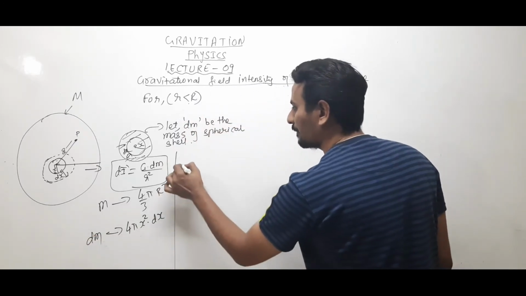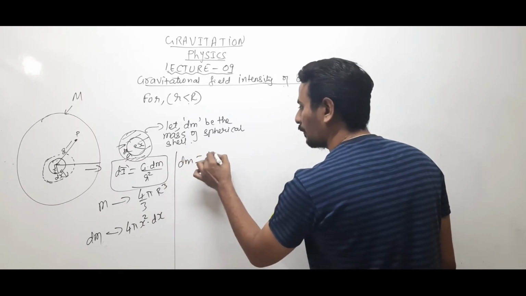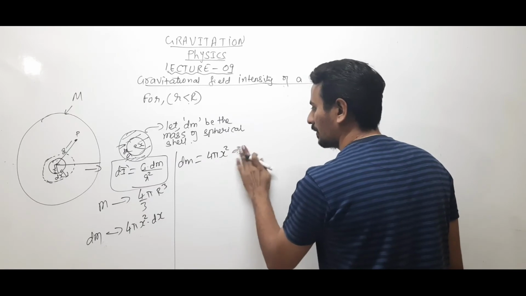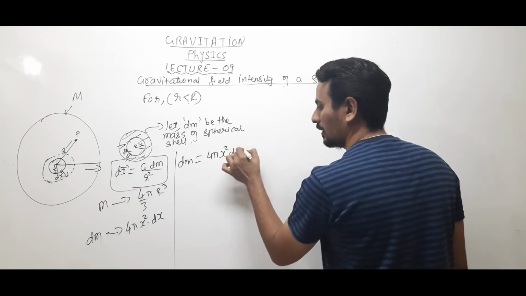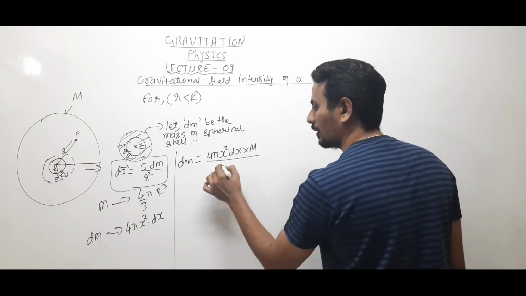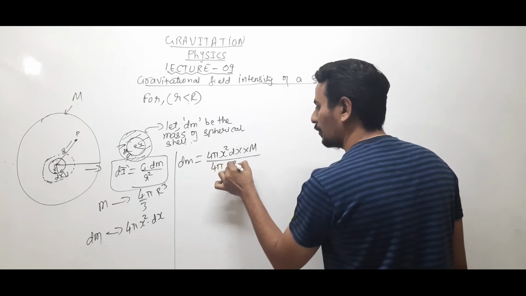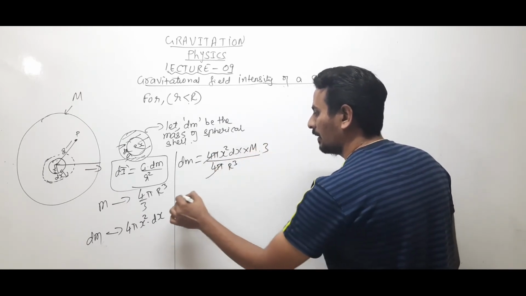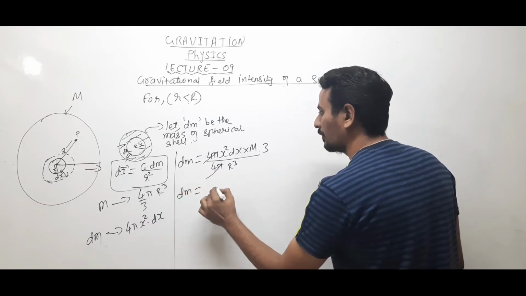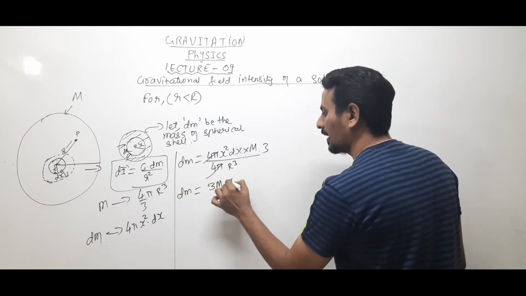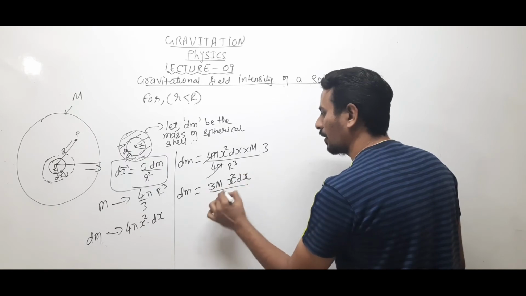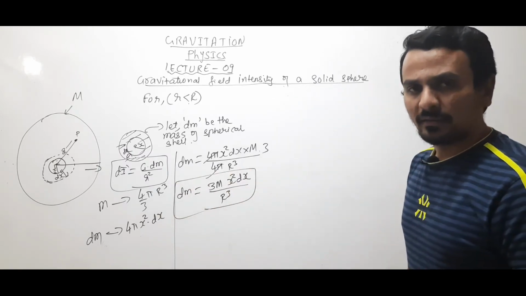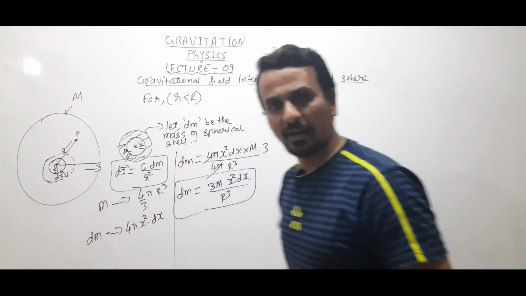So dm equals 4 pi x square dx into M upon 4 by 3 pi R cube. 4 pi gets cancelled, so dm equals 3M x square dx upon R cube. This is the mass dm of the spherical shell.